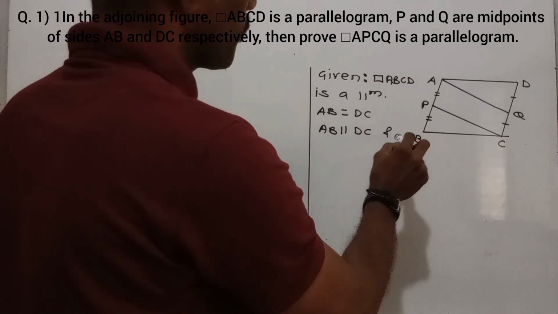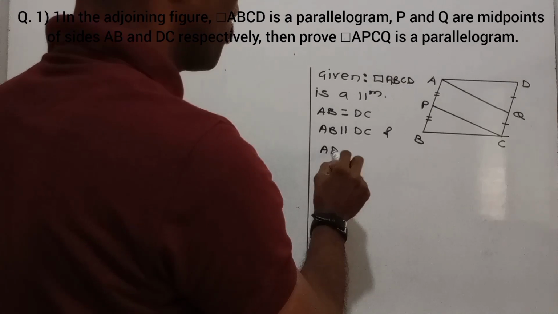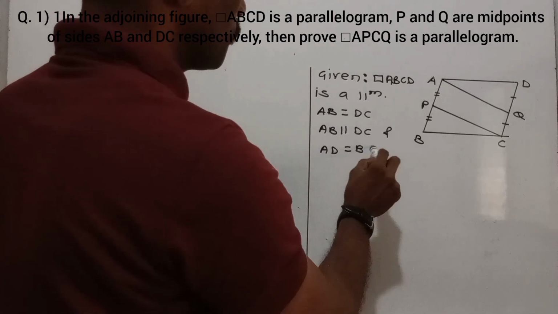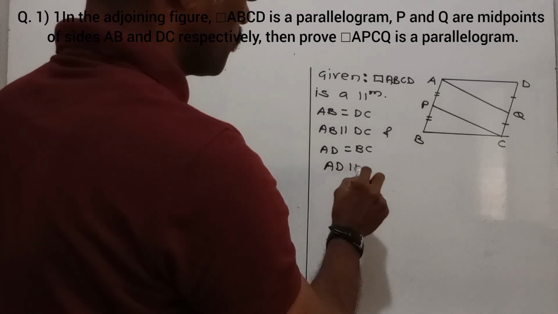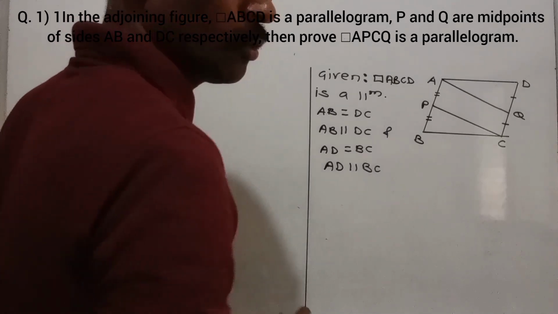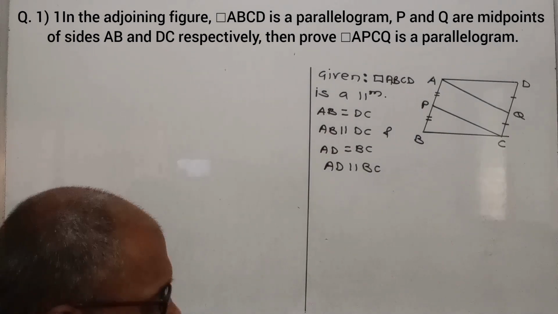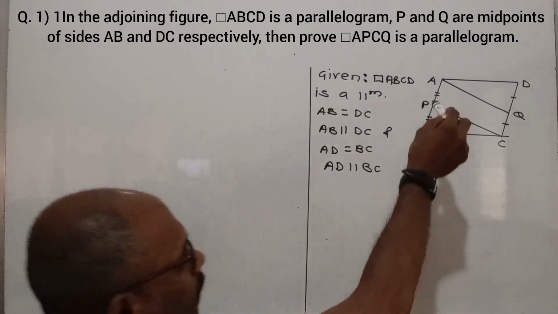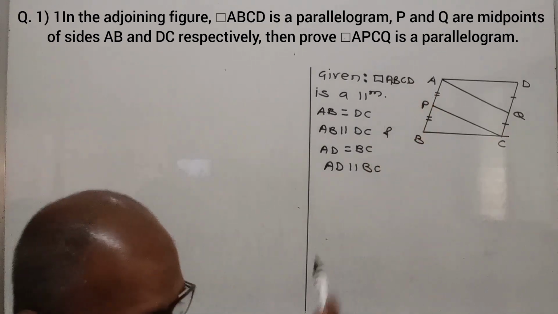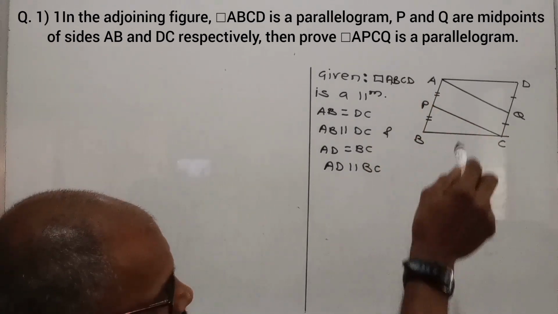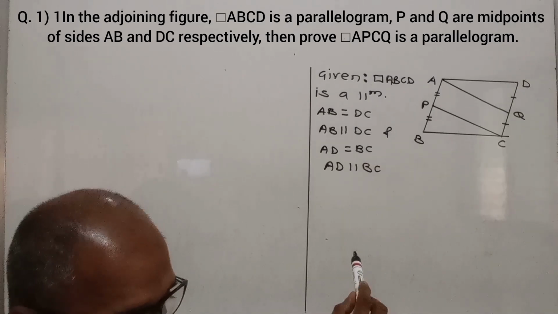Same way for this also, AD is equal to BC, AD parallel to BC. This is given. Did you get it? Now we have also been given P is the midpoint of side AB and Q is the midpoint of side DC. This is also given.